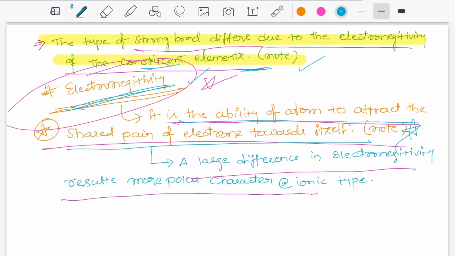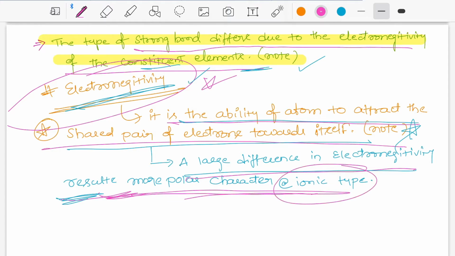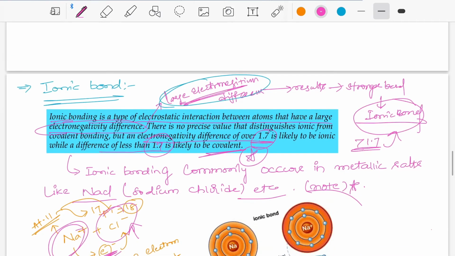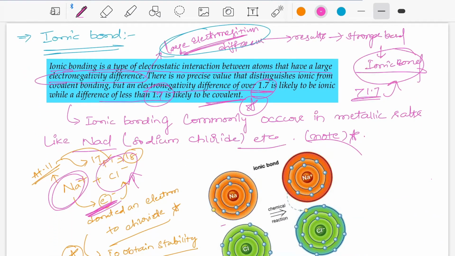A large difference in the electronegativity results in more polar character, more ionic nature. More difference results in stronger bonds, meaning ionic bonds. A very interrelated concept it is. Okay, let's discuss ionic bonds. The first stronger bond, ionic bond.